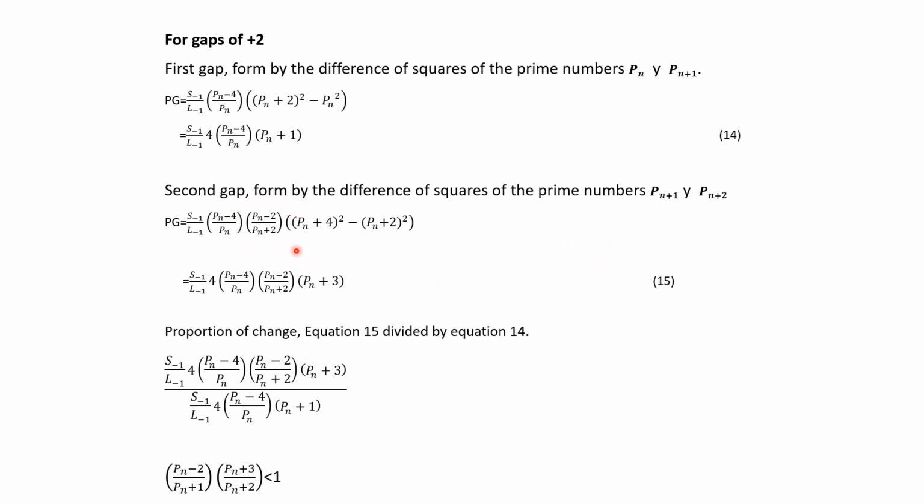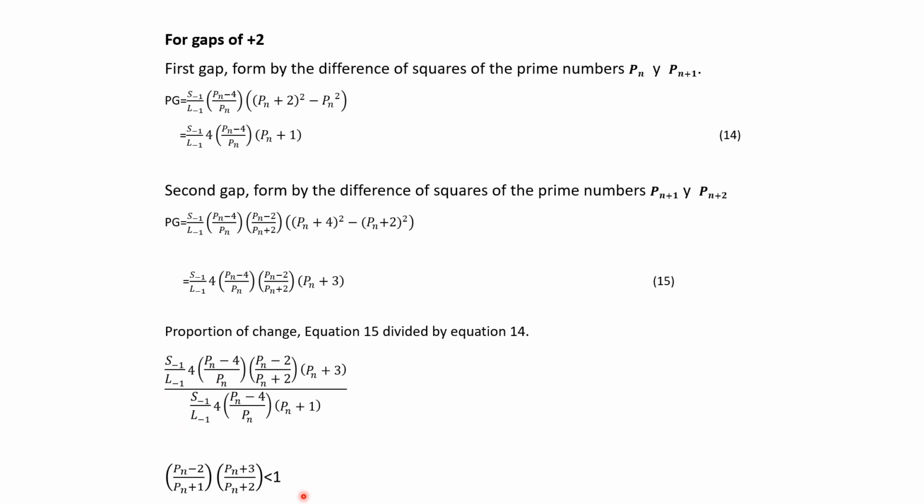And if we simplify, we get this. And we make the proportion of empty boxes of the higher gap with the lower. So this is the proportion. This equation here is on top, and this equation here is on the bottom.